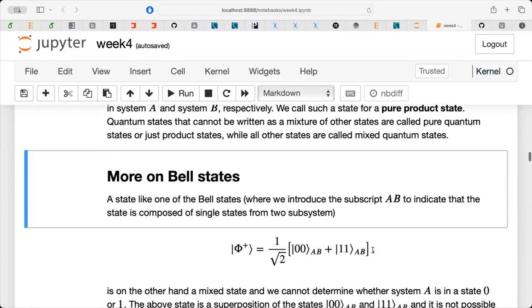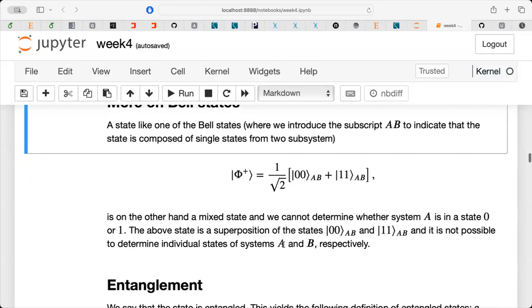And if the state here is just a so-called mixed state, when we look at it, we cannot determine whether system A is in state 0 or 1, because it's given by a superposition of two specific states. However, and this is something which often is confusing in the beginning, we also call this a pure state.